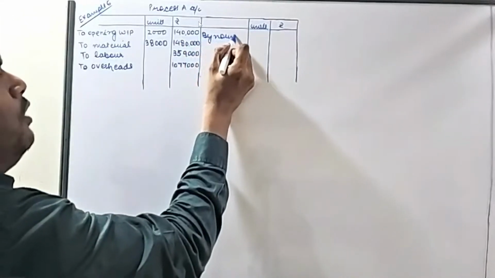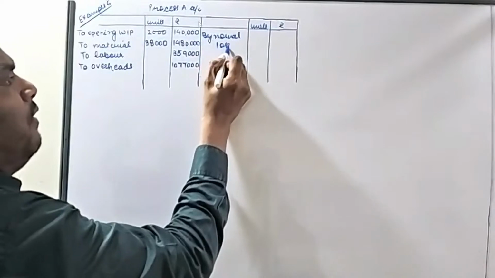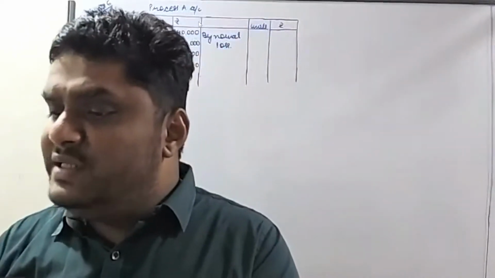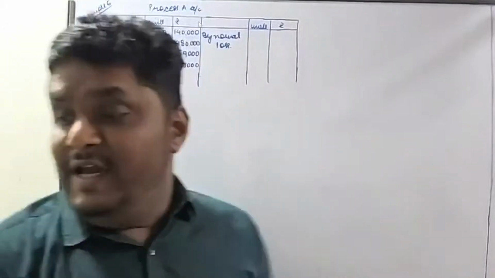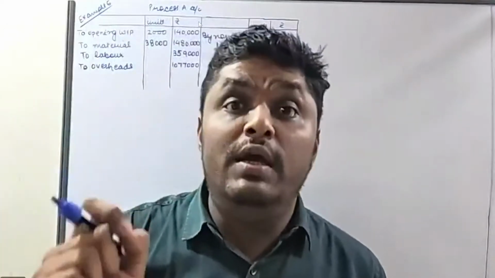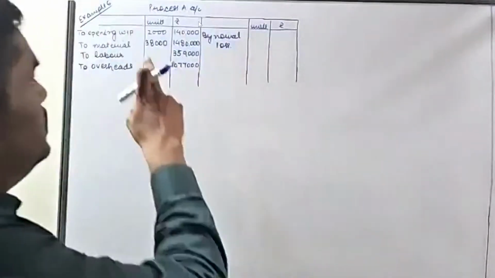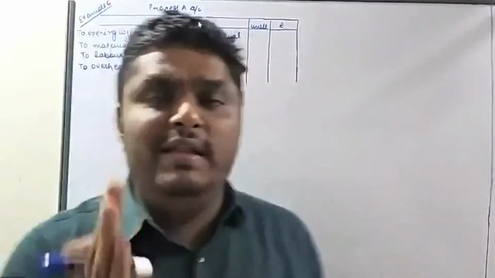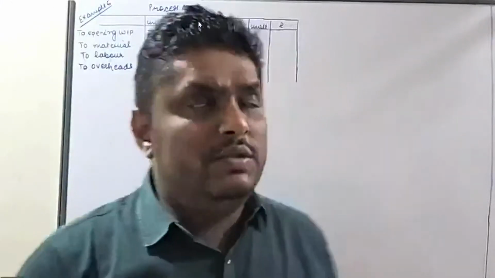So let's start with normal loss. It is given in the question that normal loss is 5% of the total inputs, including work in progress. So 38 plus 2, 40,000 into 5%. So this will be 2,000.